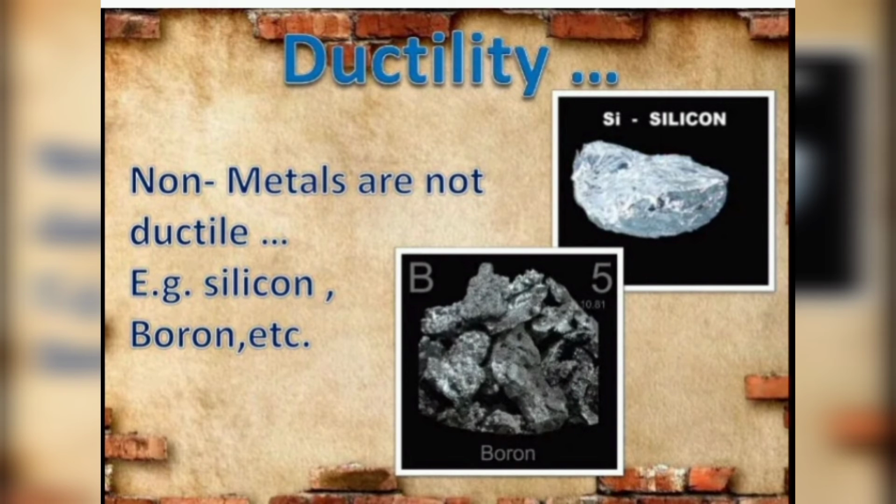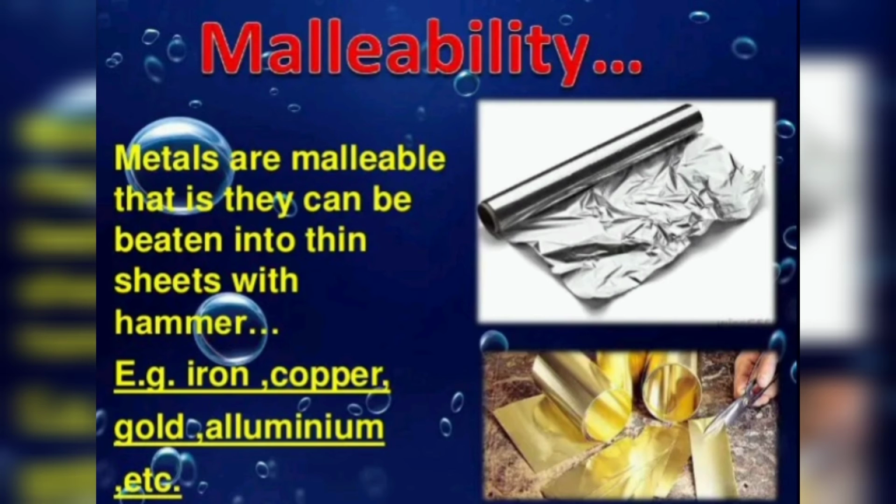The third physical property is malleability. Do you know the meaning of malleable? Metals are malleable. They can be hammered into thin sheets or thin foils. That property is known as malleability. These metals can be easily hammered, beaten into a very thin sheet or foil without breaking.